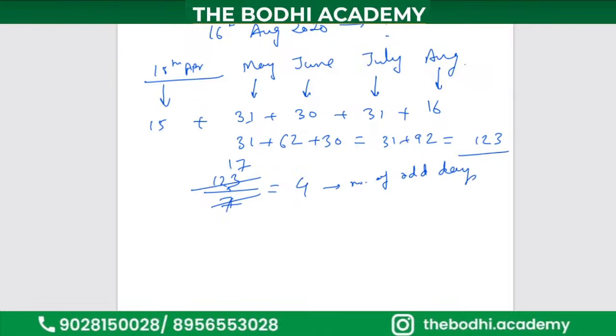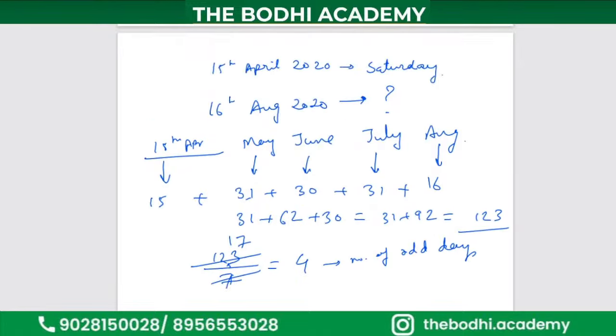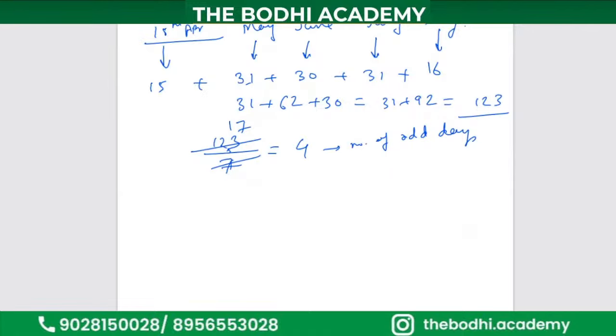If 4 is the number of odd days, then what was my question? My question was Saturday. If Saturday is the case, then we need to add 4: 1, 2, 3, 4. That means Sunday, Monday, Tuesday, Wednesday. Correct, Prajyoti Sawan, correct answer. The answer is Wednesday.